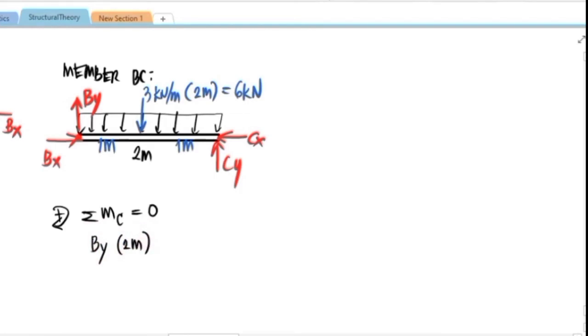Since the magnitude of the uniformly distributed load will create a counterclockwise moment, so this is negative 6 kilonewton multiplied by the perpendicular distance to the support C, which is 1 meter, is equal to 0. So solving for the value of BY, BY is equal to 3 kilonewton. Since positive yung lumabas na sagot, meaning tama yung assumption natin that BY is directed upward.